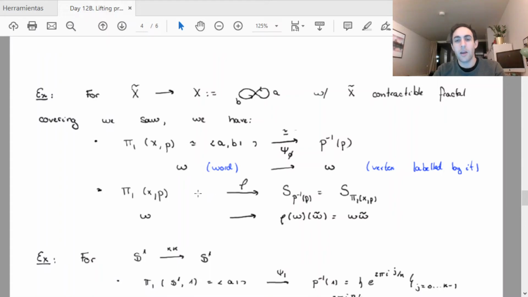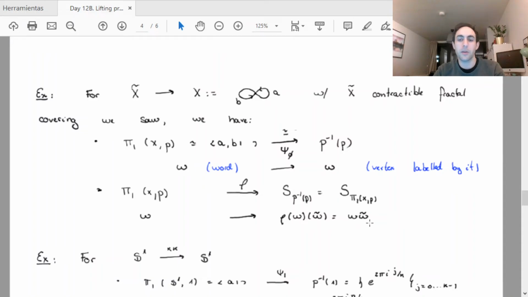Very good. And now we see the same phenomenon as before. We have the group pi1, and how does pi1 define a permutation of the set of vertices? Well, the word w acting on the vertex w tilde: you start at the vertex w tilde and move following the edges indicated by w.